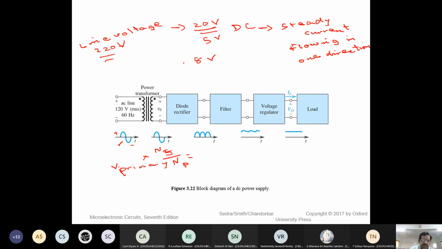All I need to do is take this line voltage of 120 volt in the US, and I have to have a primary to secondary ratio, which means N1 to N2, of 15:1, which means N1 is around 15 and N2 is 1. So for 15 turns of N1, this is what is called the turns ratio.